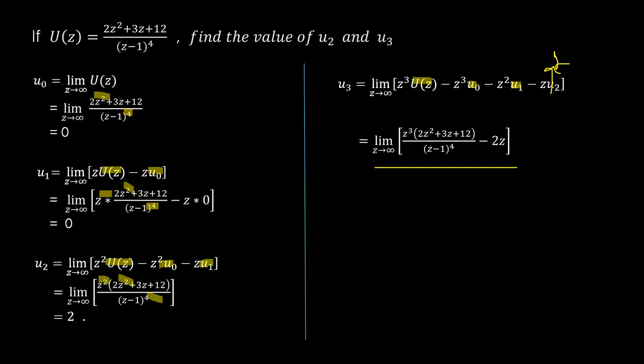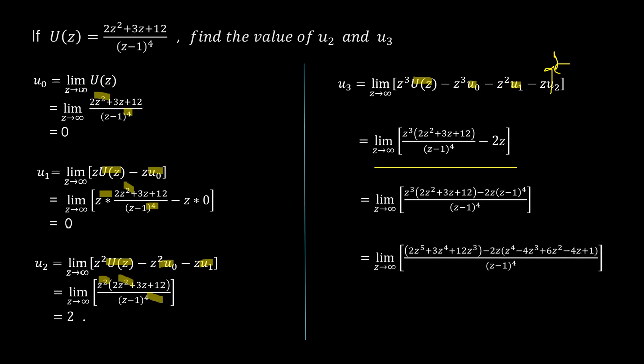Further simplification is needed. By taking the LCM, your u3 becomes limit z tends to infinity (2 into z to the power 5 plus 3 into z to the power 4 plus 12 into z cube minus 2 into z to the power 5 plus 8 into z to the power 4 minus 12 into z cube plus 8 into z square minus 2z) divided by (z minus 1) whole to the power 4.